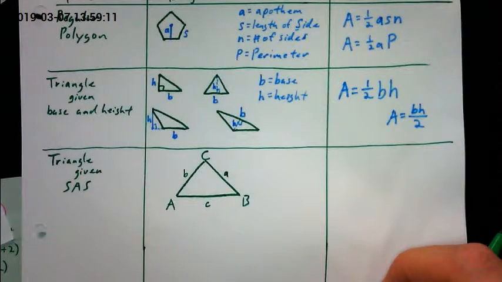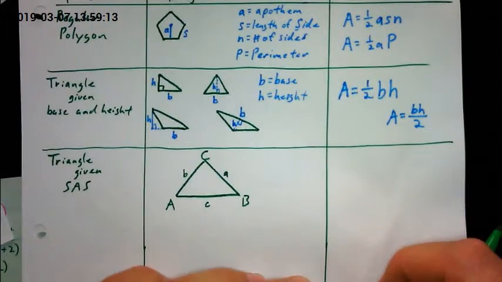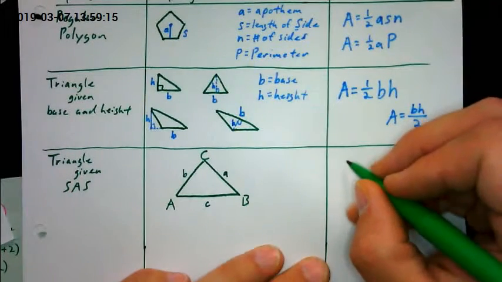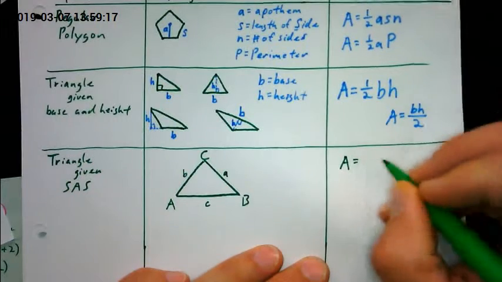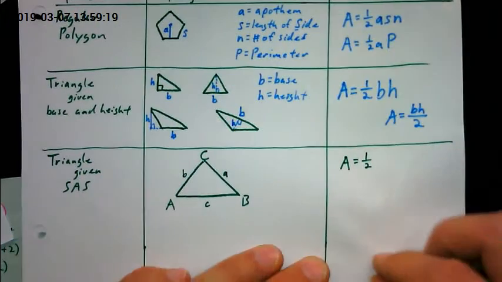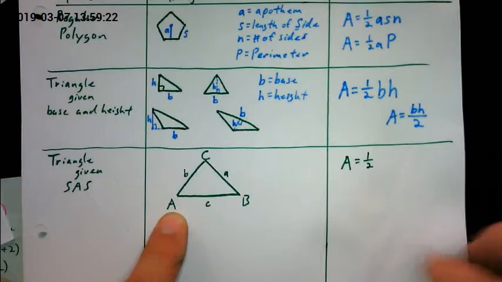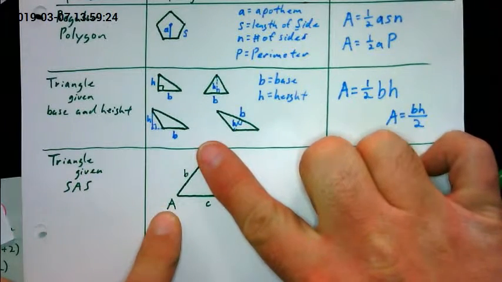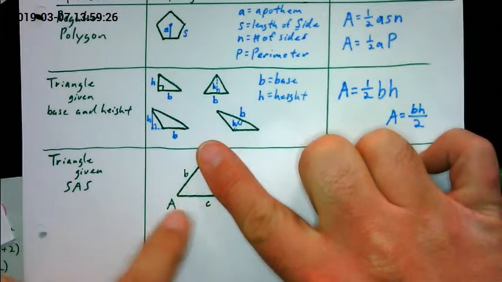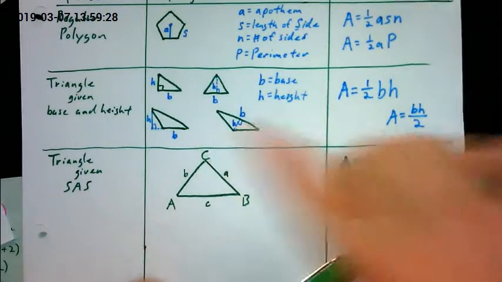Now, our Springboard book only writes this one way. The equation is area is equal to 1/2 times, and what they're saying we're being given is angle A and these two sides. So we have two sides and an included angle.